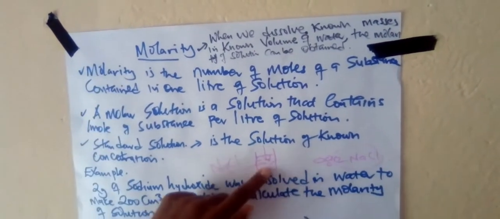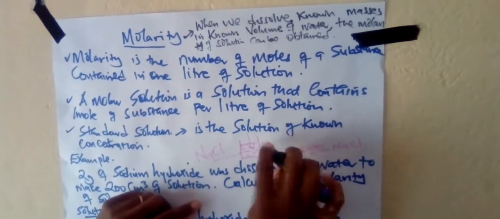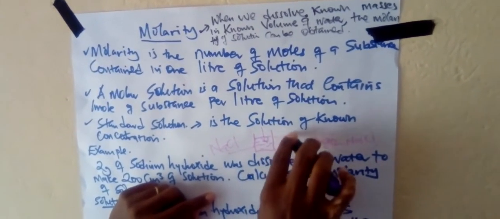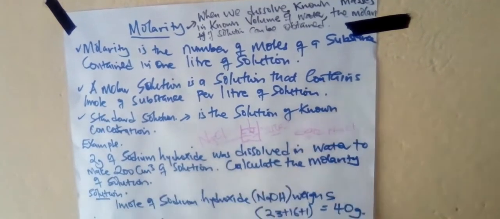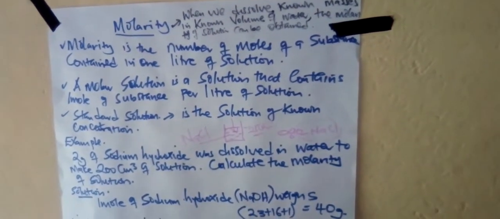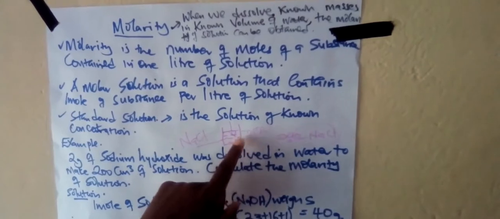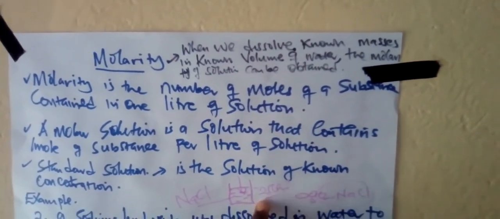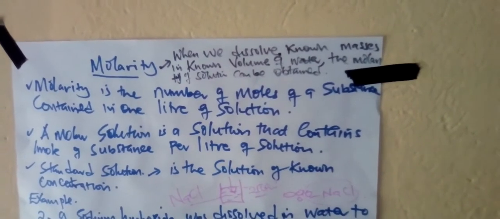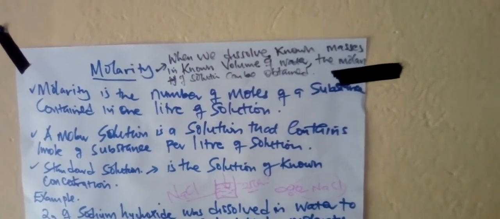This solution has a volume, let's say 250 centimeters cubed. The solution has its own molarity, and it can always be determined.